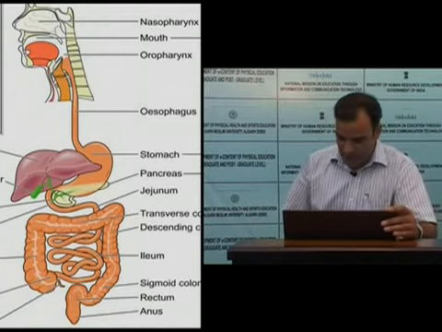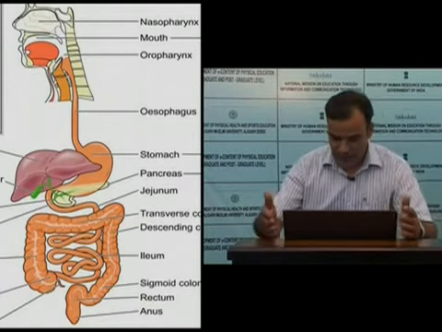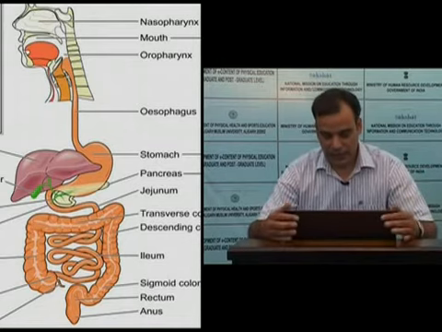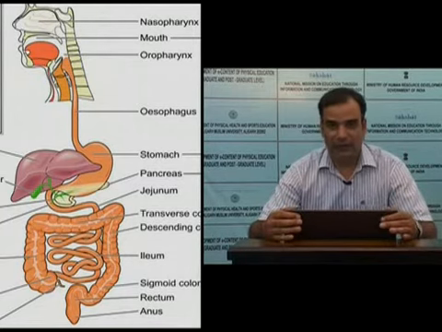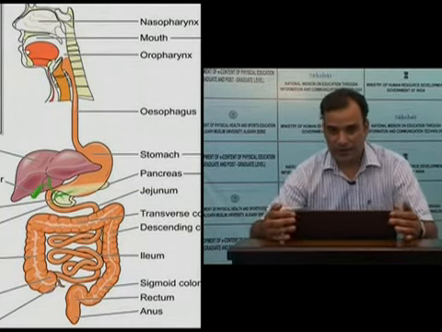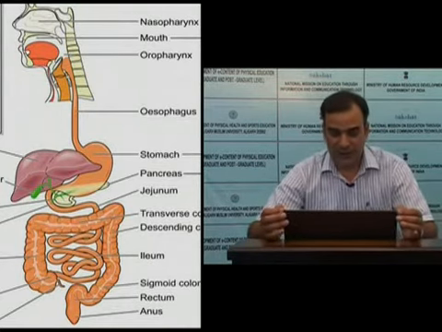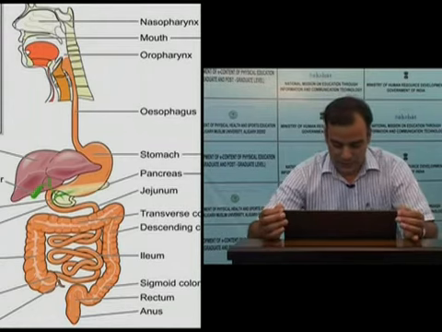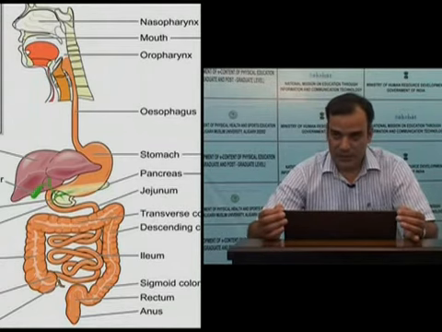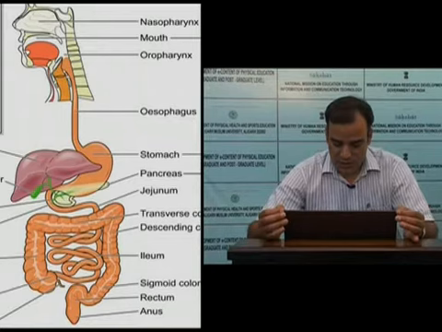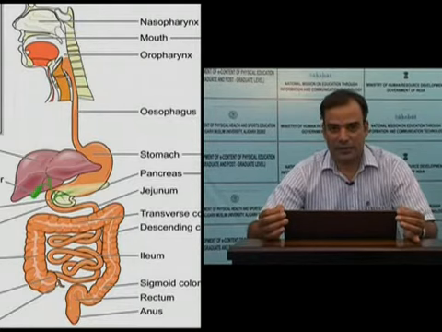Now if we see all the enzymes that are secreted in the digestive system, these are salivary amylase present in the saliva, secreted in the mouth. Then we have pepsin, which is secreted in the stomach. Then the enzymes trypsin, chymotrypsin, carboxypeptidase, pancreatic lipase and pancreatic amylase.